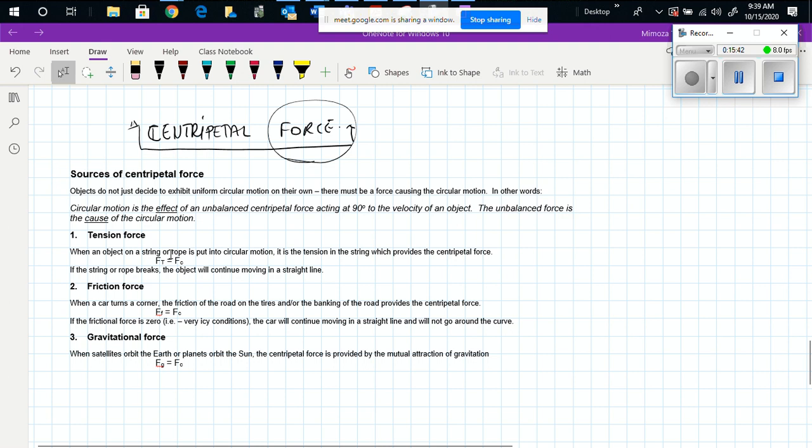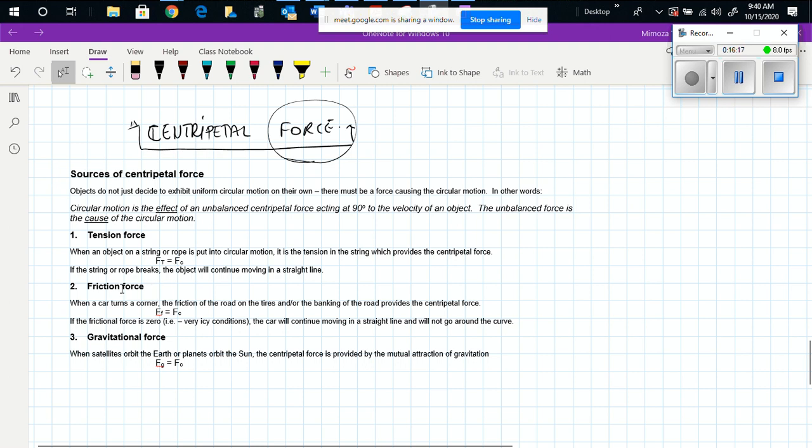When you have a string with an object tied at the end, and you obtain a uniform circular motion with the object, then the force of tension on the string will be the centripetal force. Part of it may be centripetal force, and part of it may be the force of gravity.